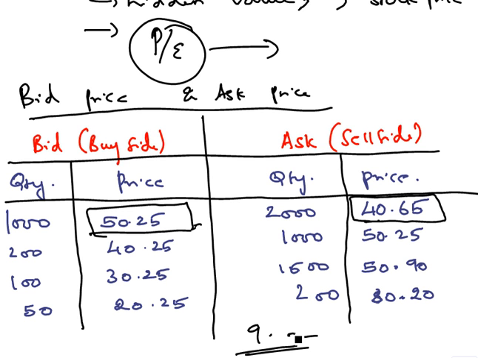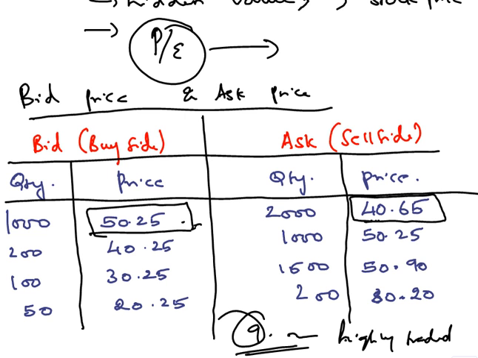Usually this bid ask spread won't be this much, around 9. It will be in terms of some paisas. So the narrower the spread, or the narrower the difference of the bid ask spread, the more is the liquidity. It is a highly traded stock in the market.